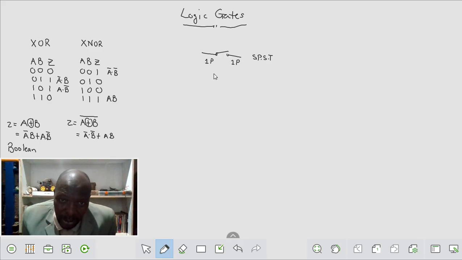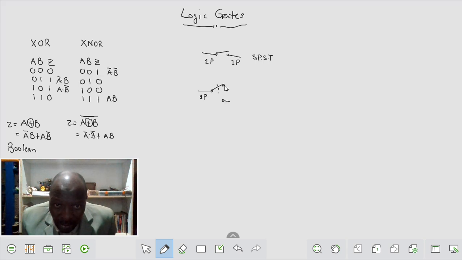Now let's introduce a different type of switch. One line comes in, so it's one pole, but it can throw that way, or it can switch to the other side.